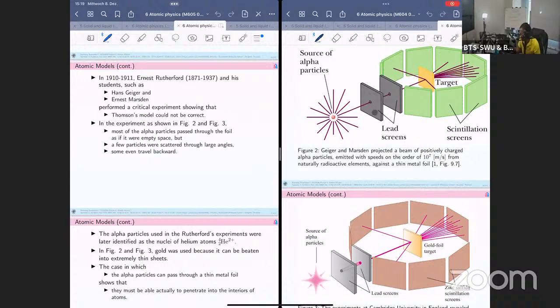What is the reason why they use lead? Because lead could obstruct the penetration by the alpha particle. Lead is a heavy enough element to block the unwanted alpha particles.